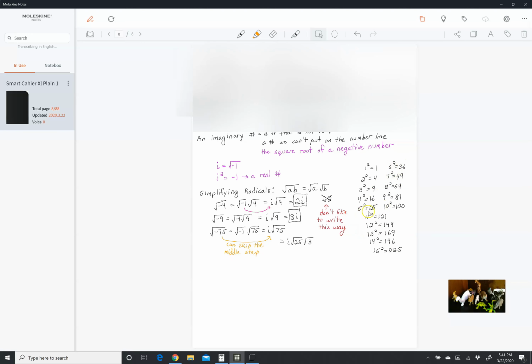You would see that 75 is divisible by 25. So it tells you what you need to try. It saves you a little bit of work. And the reason why you can divide by 2 is that 2 is the smallest factor of 75 if it is a factor. Okay, and now we can replace the square root of 25. So this just becomes 5i times the square root of 3.